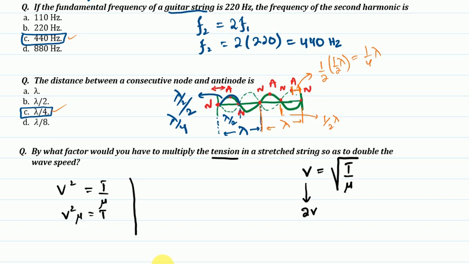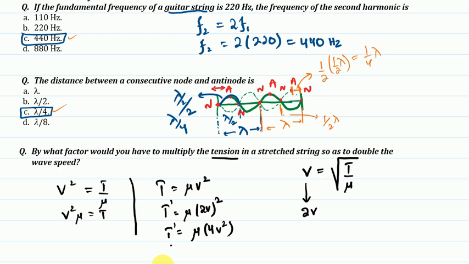So beta, T is equal to mu V square. All right, and we want twice the velocity, so the tension would change. So I am putting a dash here. So this was T, and the new is T dash. The square of 2 will be 4, so 4V squared.